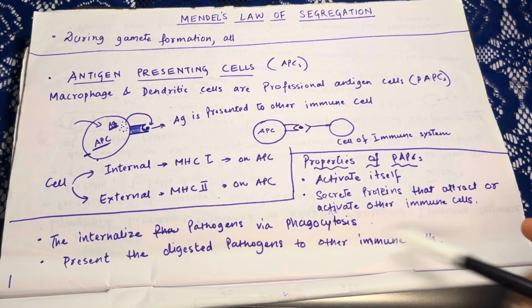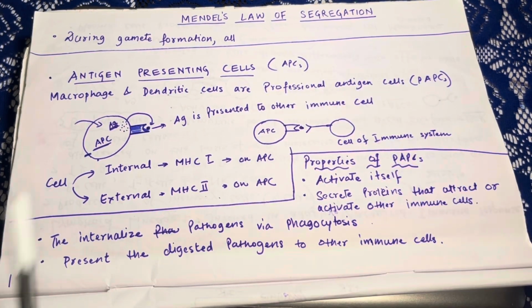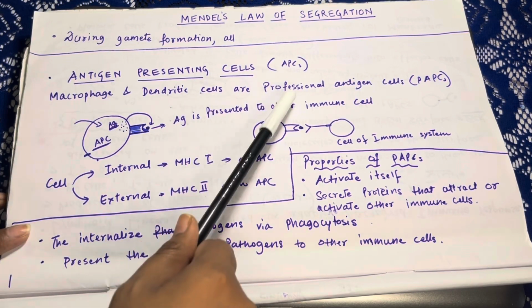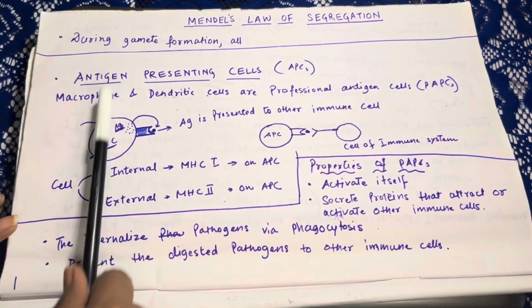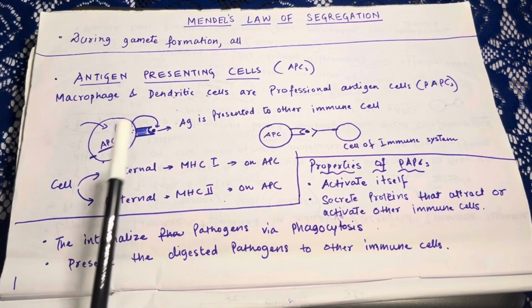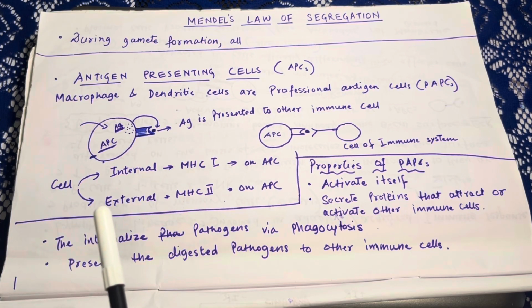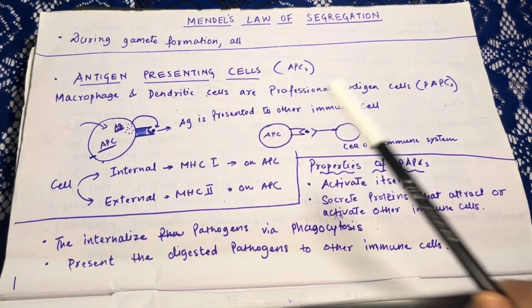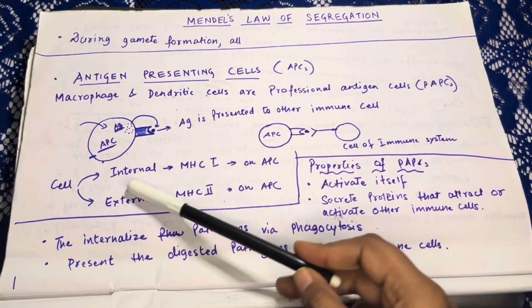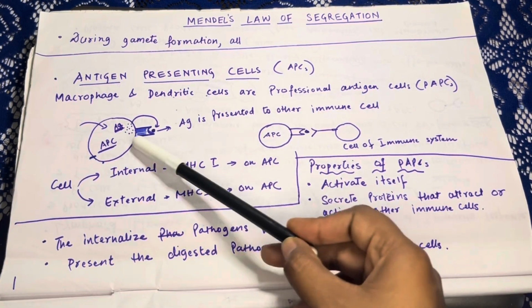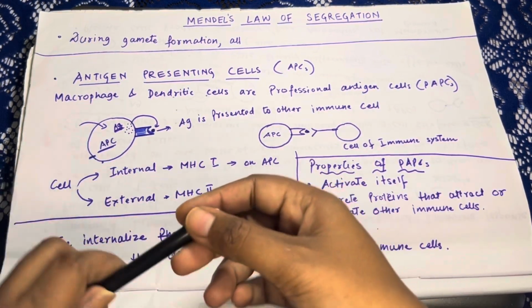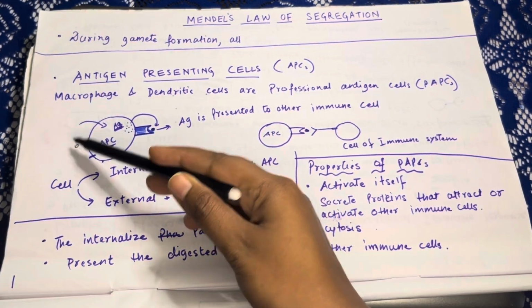Next, we discuss antigen presenting cells. Macrophages and dendritic cells, which are part of the myeloid progenitor, are called professional antigen presenting cells. How are antigens presented by these cells? Suppose an antigen entered the body.